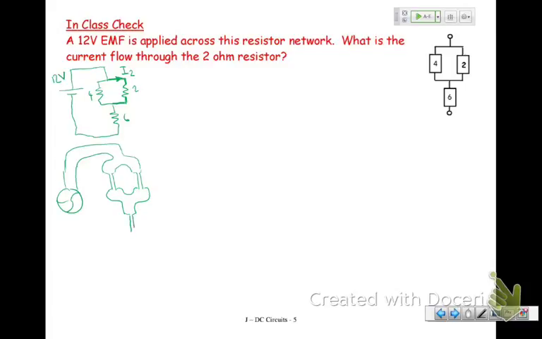And then there's another little bit. And then the big, huge water pipe takes all the water back. So can you see how the big, huge water pipes we don't care so much about? It doesn't matter. The pieces of wire we don't care so much about. But I want the current flowing through this part. So I want the amount of water per second flowing through here. So this is my I2 is through there.